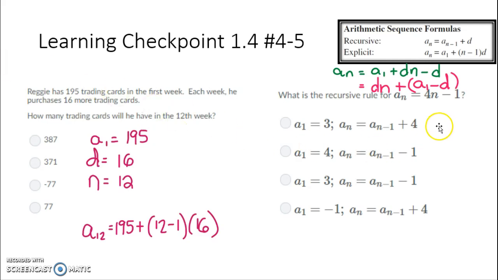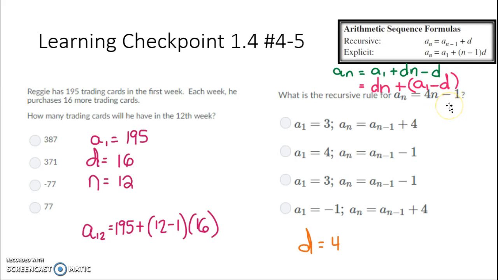So if I match up the pieces, I was given 4 times n. Well, that 4 is in the place of d, or the common difference. So I know that my common difference is equal to 4. I'm going to just write that down here at the bottom so I don't forget. My common difference is equal to 4. I also know that my first term minus the common difference, so if I work backwards one place from where I started, I'm going to get negative 1.